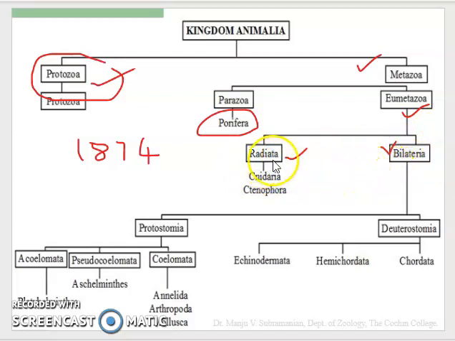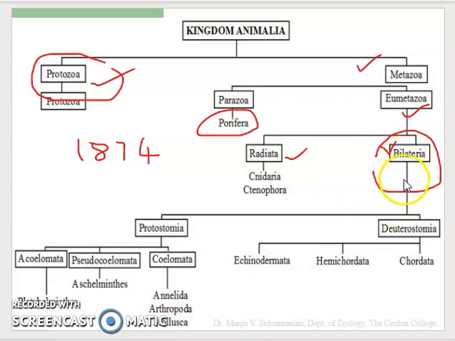Bilateria. This classification is based upon the symmetry of the organism, and most living animal species are Bilateria, that is, those members have the bilaterally symmetric body plan, and this includes the majority of the organisms.